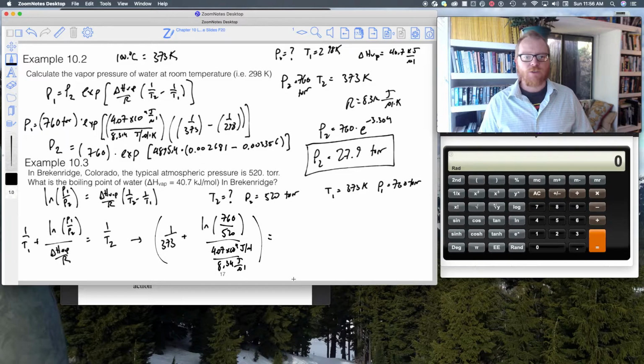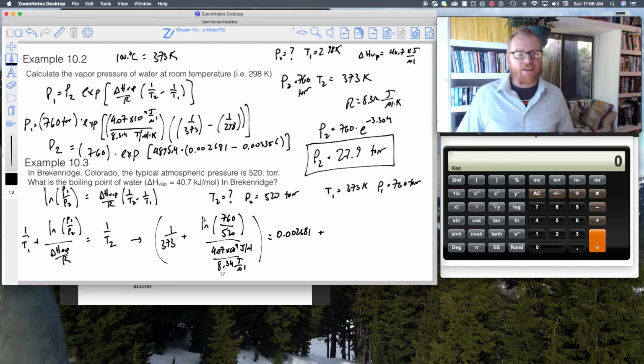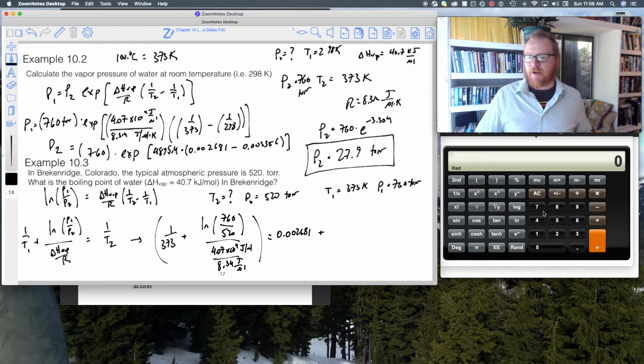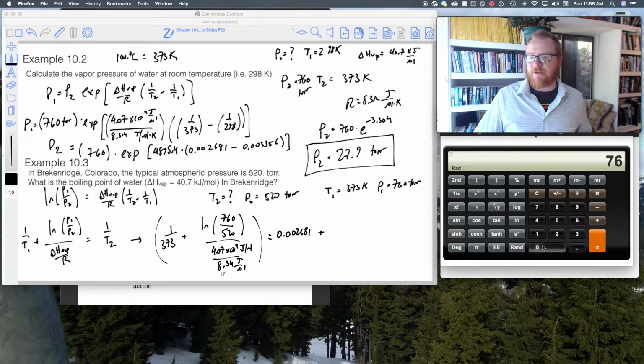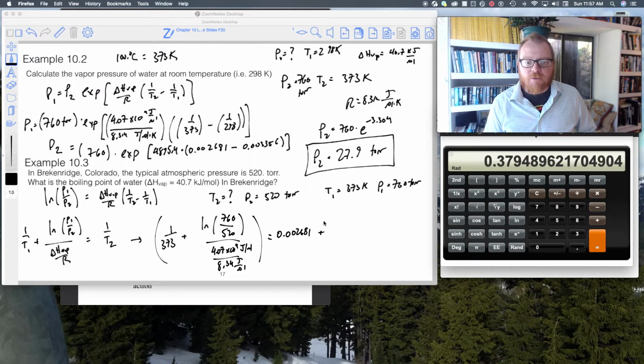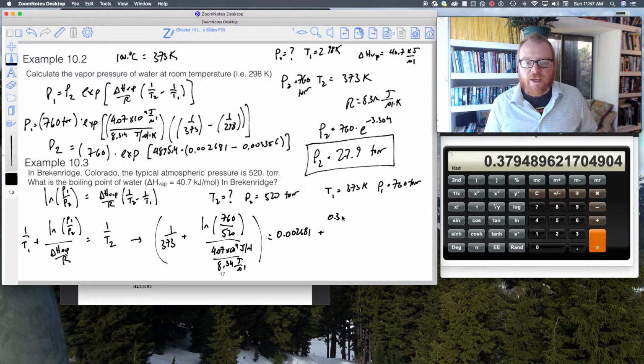So let's do that. We already know from up here that 1 divided by 373 is 0.002681 plus. And let's see, the natural log of 760 divided by 520. So first I'll do 760 divided by 520 equals. Now I'm going to say natural log. So that gives me 0.3795, divided by 4.07 times 10 to the 4th divided by 8.314.